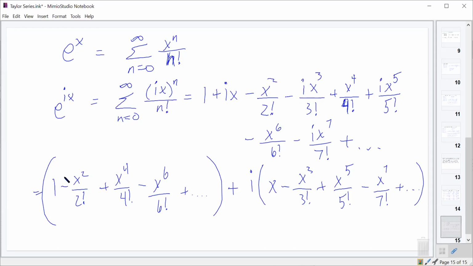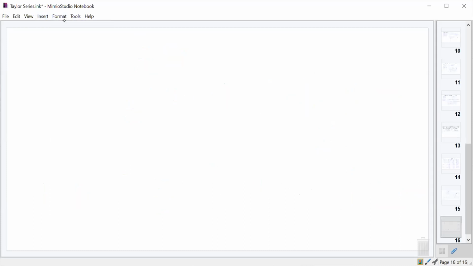This is cosine of x. So on the left, we've got the sum from n equals 0 to infinity of -1 to the n, x to the 2n over 2n factorial. And on the right, we had what series?